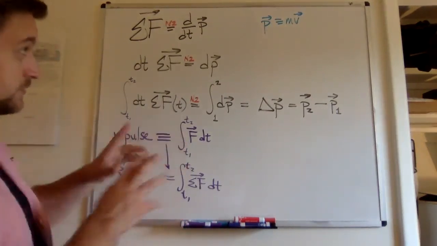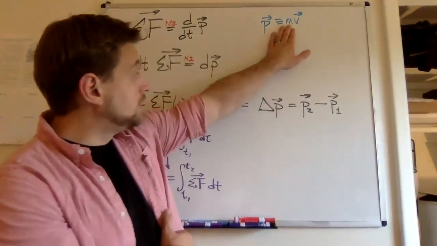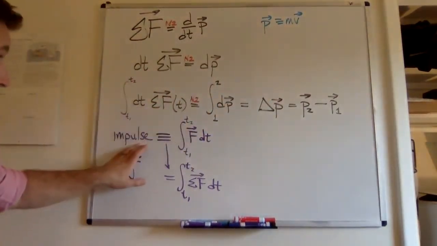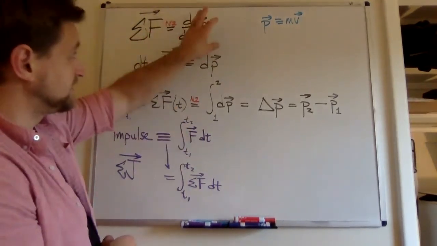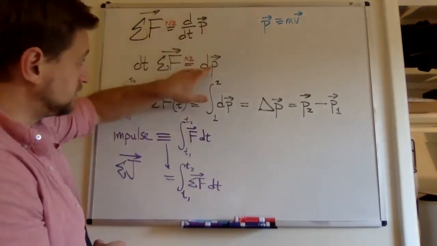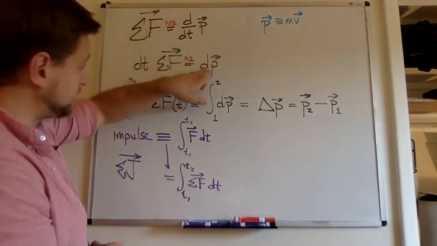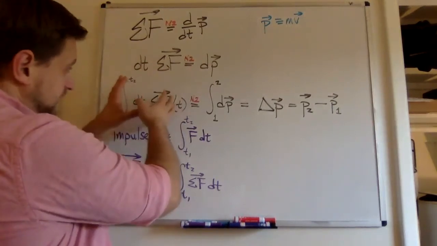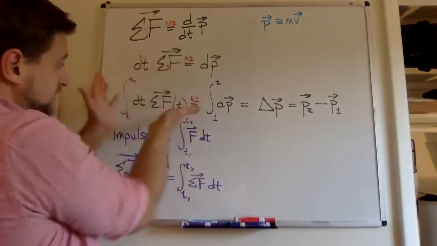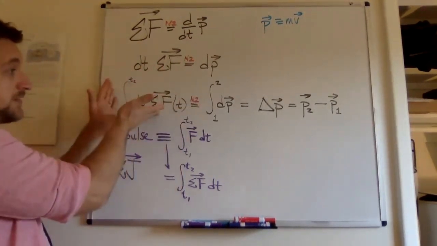So, okay, we've defined momentum. We've defined impulse. And we have so far modified the right-hand side of Newton's second law so that it looks differential with respect to momentum. But now we can modify the left-hand side. This integration here is a thing. That's the impulse. That's the net impulse.